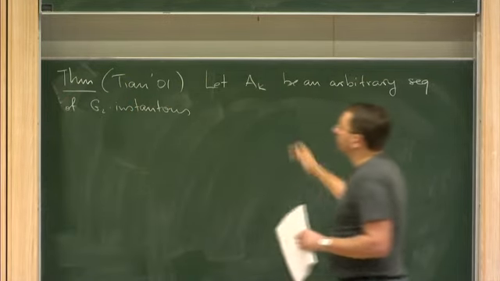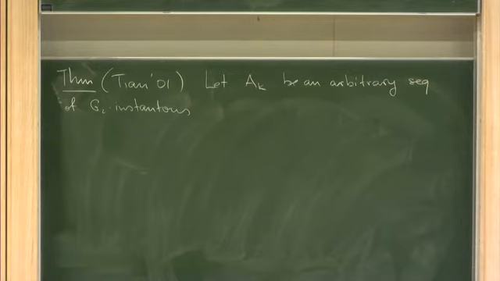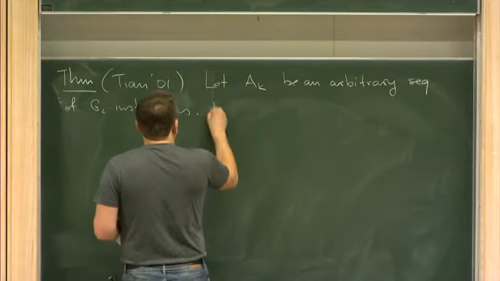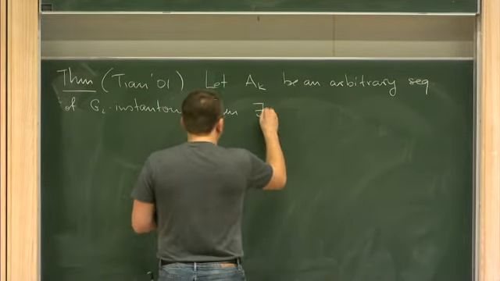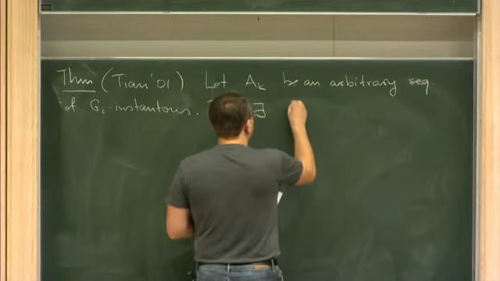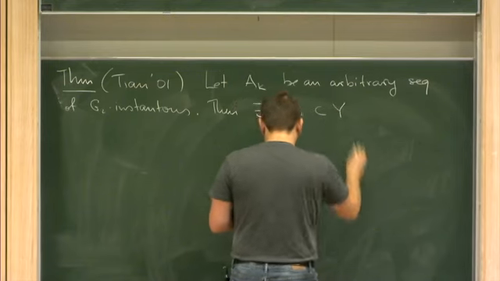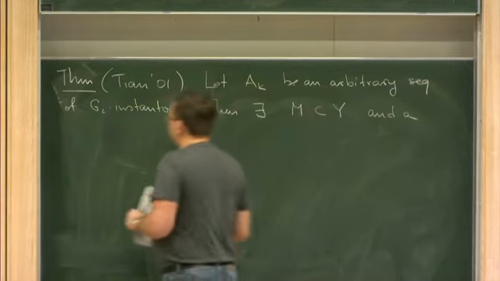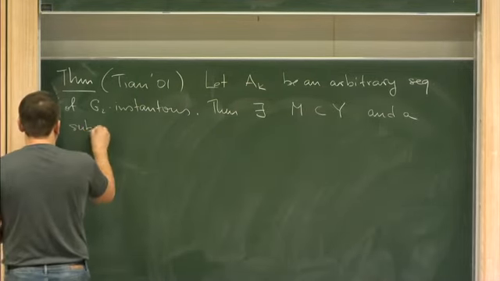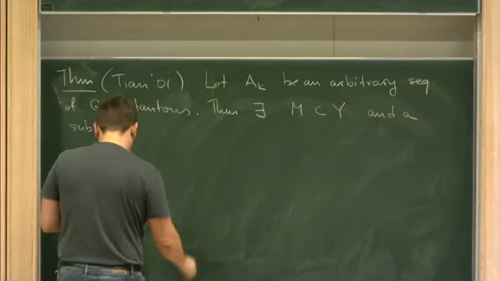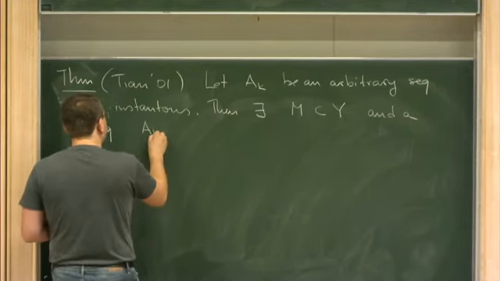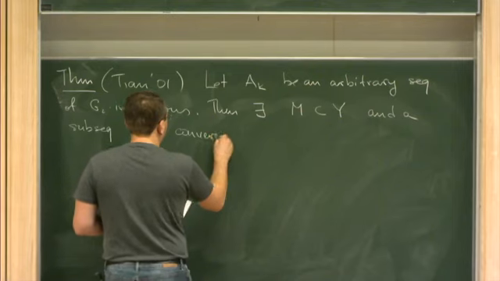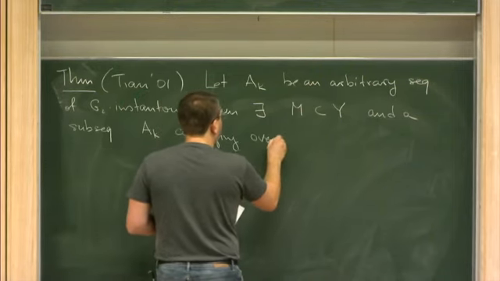Actually, Tian proved his theorem in a much more general context, but I will stick to G2-instantons only. Then there exists a subset M in Y and a subsequence, which I will still denote by A_k, converging over the complement of M.